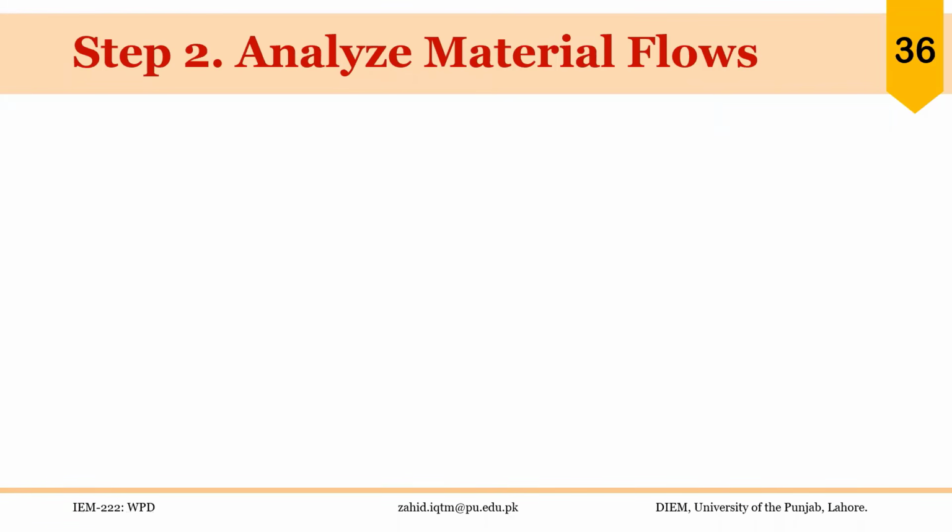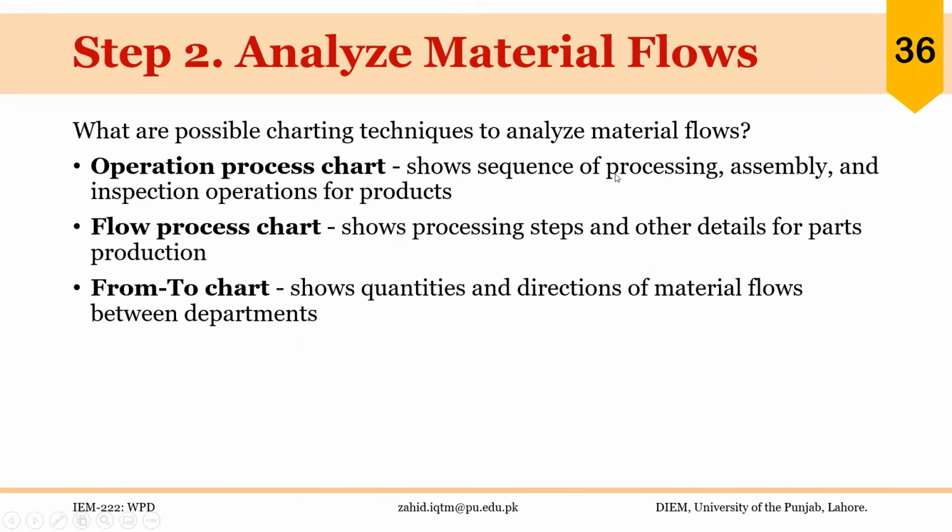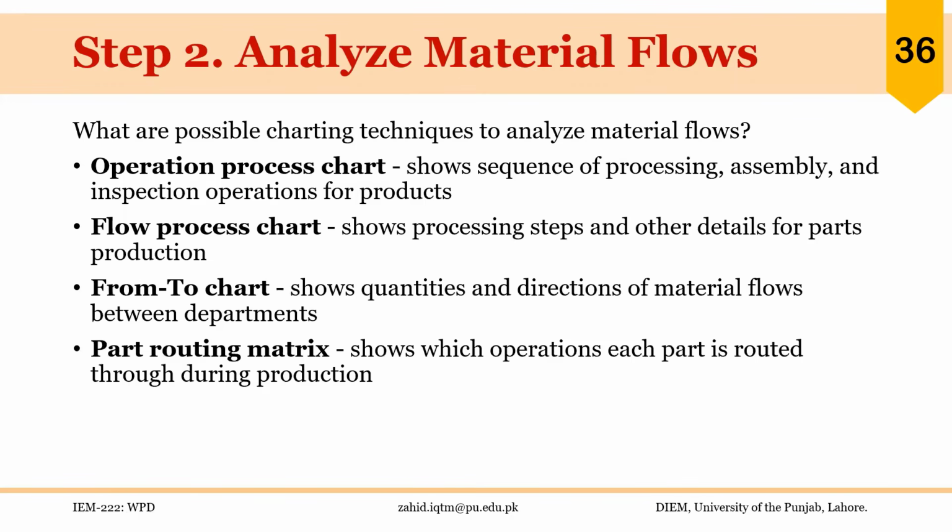The second step in systematic layout planning is to analyze material flows. So what are possible charting techniques to analyze material flows? We have discussed a number of charts and diagrams that help us analyze the material flow, the frequency of flows, the distance that the part is traveling, and so on.